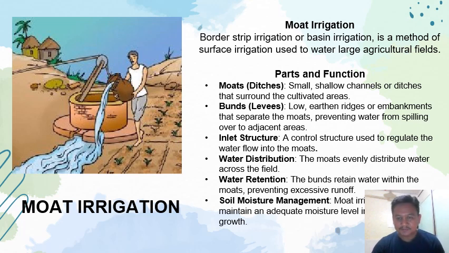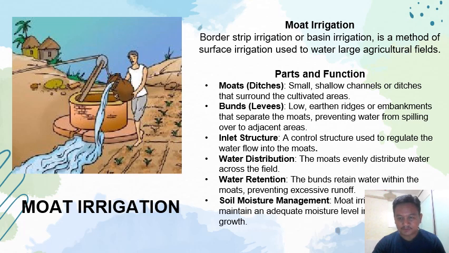Bunds, low, earthen ridges or embankments that separate the moat, preventing water from spilling over to adjacent areas. Inlet structure is a control structure used to regulate the water flow into the moat.